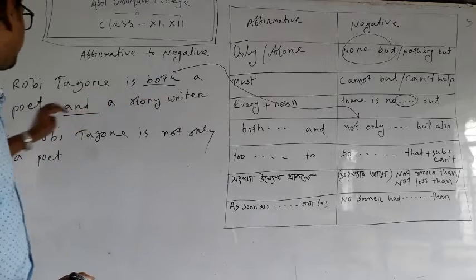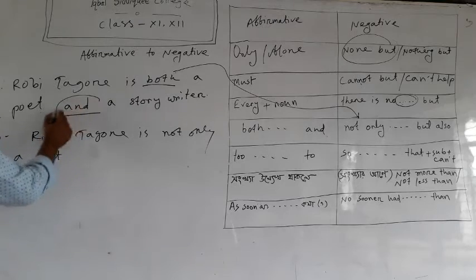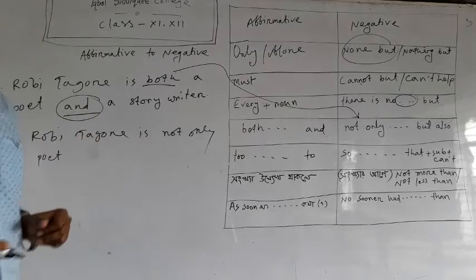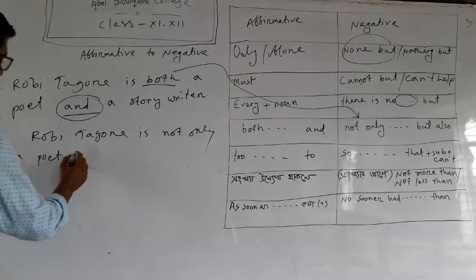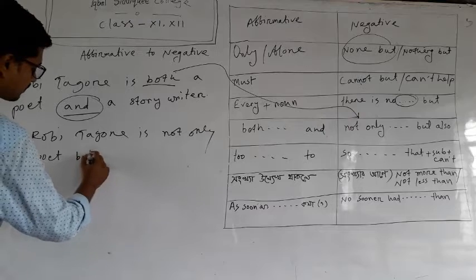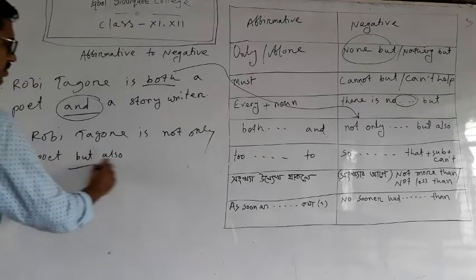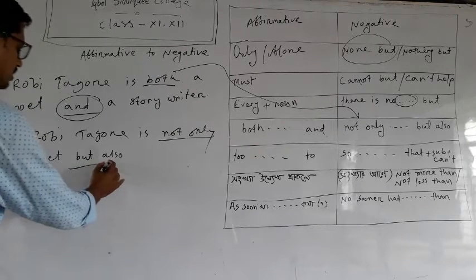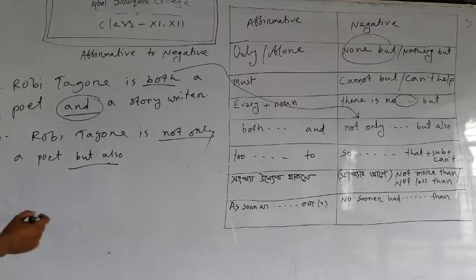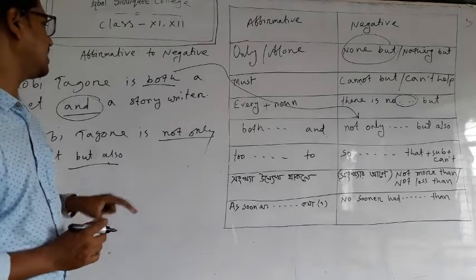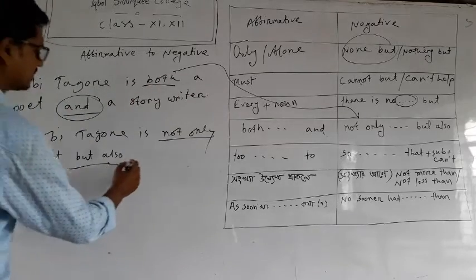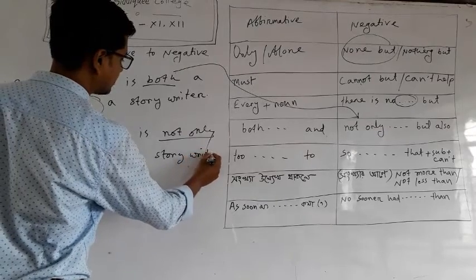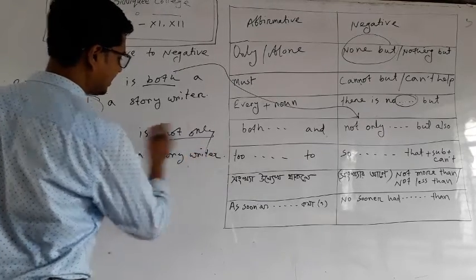We got the conjunction and, and we will replace it with but also. So we use but also. We will mark it, and you will understand better with this marking. So Tagore is not only a poet but also, and after this and we get another phrase, a story writer, and the sentence becomes a negative one.